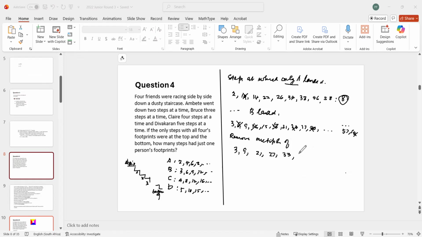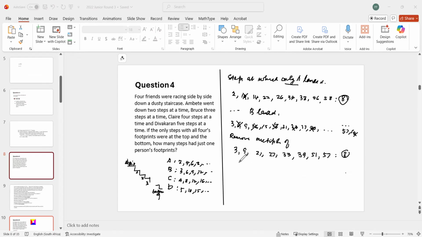Only 3 goes into that. 39 is in. Not 45. We're adding 6 all the time because the other ones are even. 45 is out because it's multiple of 5. 51 is in. 57 is in. Okay, so here too you have 8. 1, 2, 3, 4, 5, 6, 7, 8.